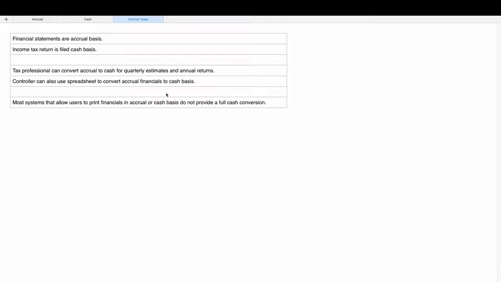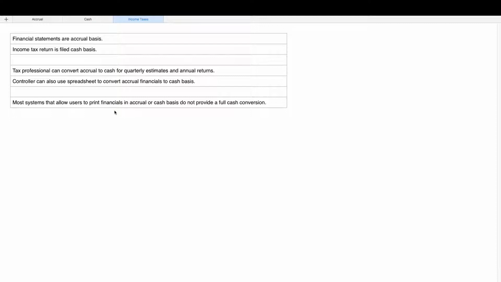Do be careful, as a lot of systems claim that you can click a box and get cash net income versus accrual net income. Usually there are issues with all of those. An example is within QuickBooks Online: if you use accrual, we're going to mark that annual payment for liability insurance as a prepaid and release it over the year. When you click between accrual and cash basis, that prepayment still stays, so it doesn't completely convert.